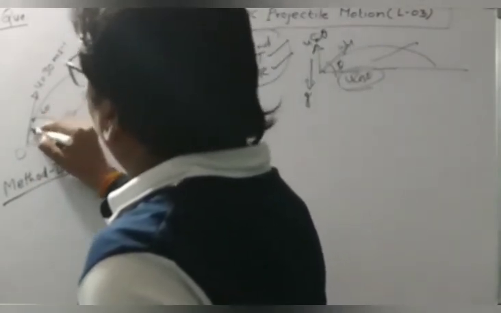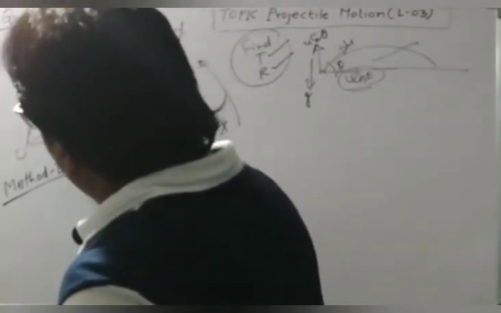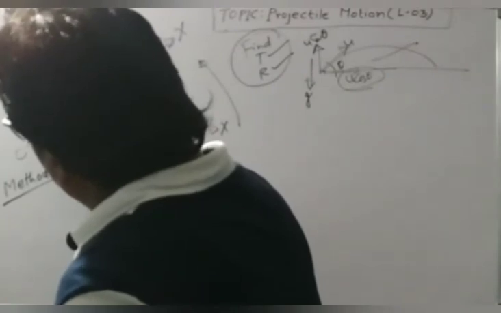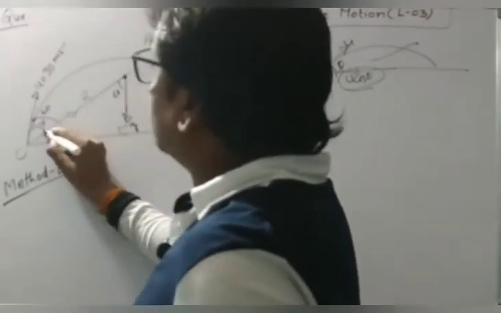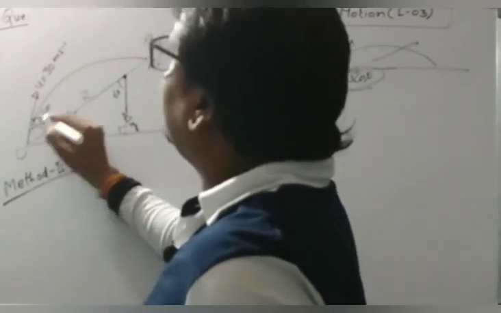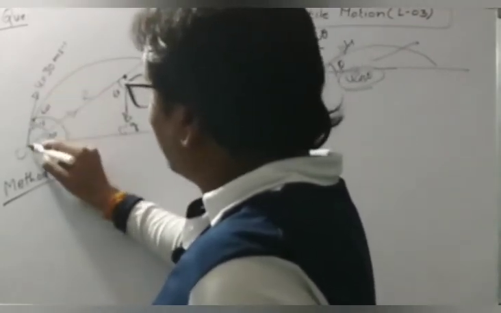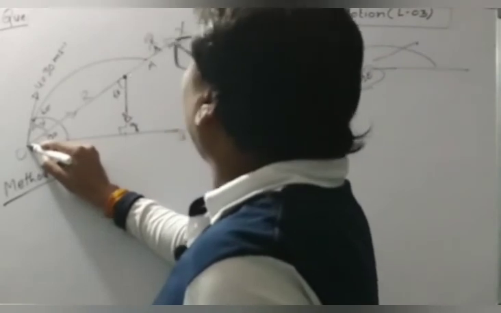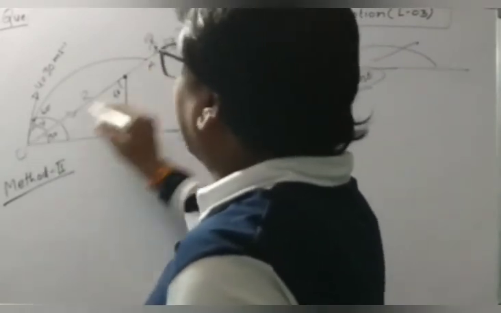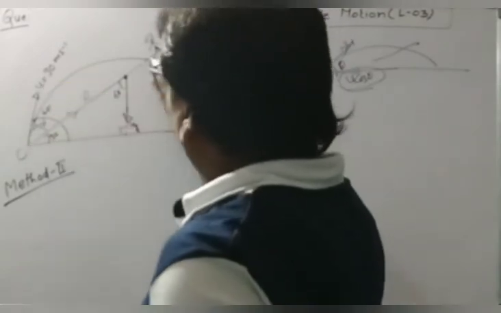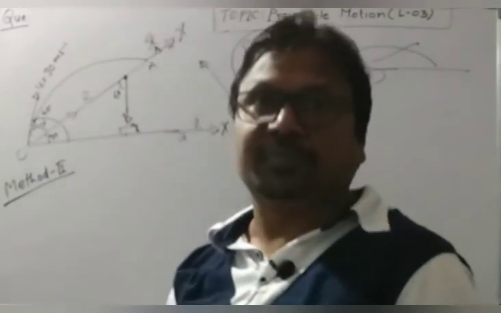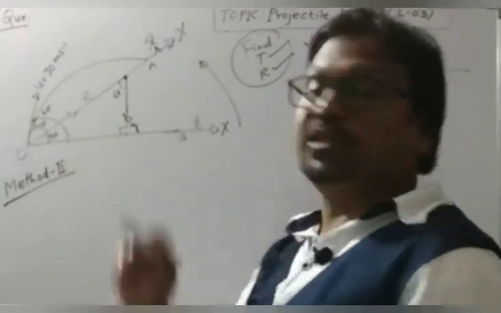So for this part, this will be 30 degree. What is this? This is the angle made by the velocity u with the plane of inclination, that is OA. The angle between u and this line OA is 30 degree, 60 minus 30, 30 degree.